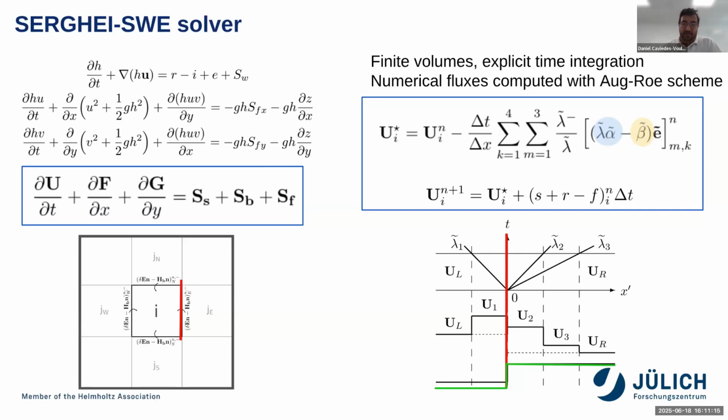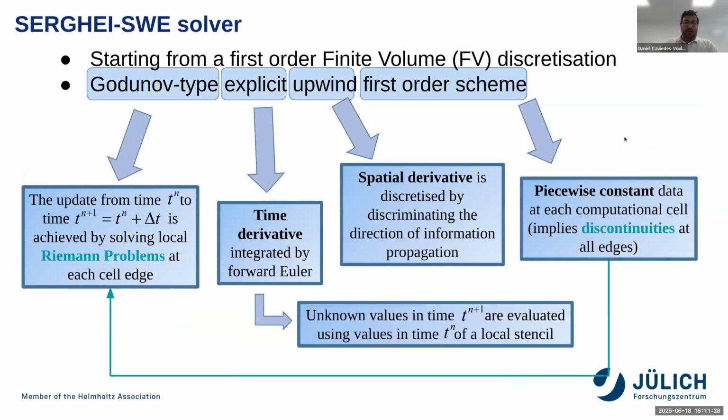So this is the fundamental numerical strategy that we use in SERGHEI, which is not new in that sense. It exists in other solvers. We've just implemented it in SERGHEI in an efficient way. If you're not familiar with what this means, essentially what we're doing is a Godunov type explicit upwind first order scheme.